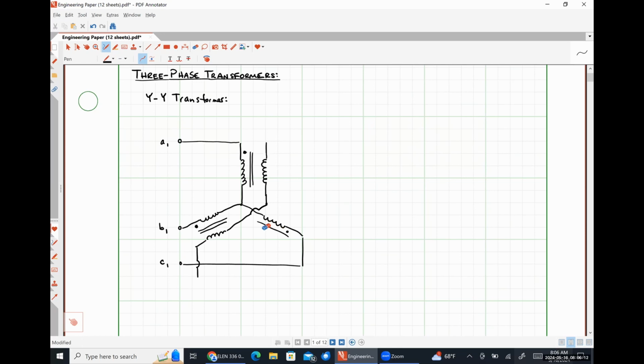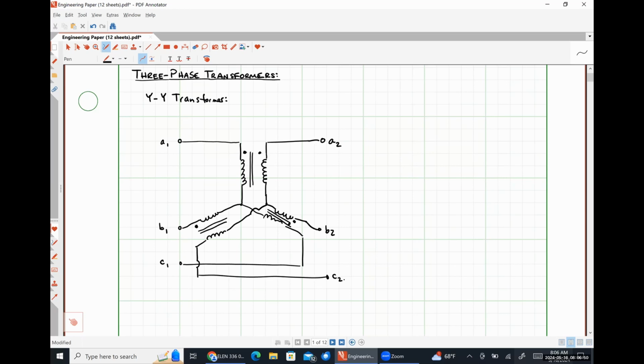Oops, sorry, I drew this one backwards. Sorry, this is getting messy. So let's put something here. So this is the A phase of my secondary, the B phase of my secondary, and down here will be the C phase of my secondary.